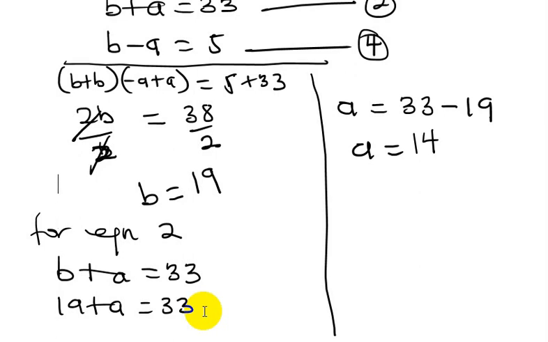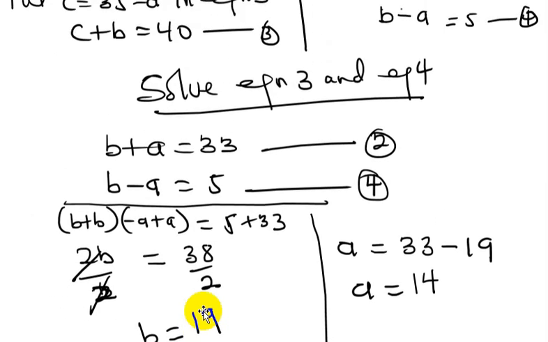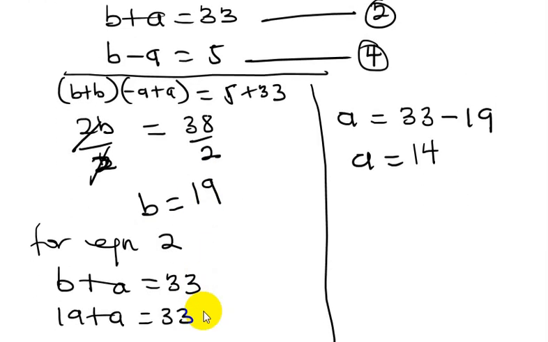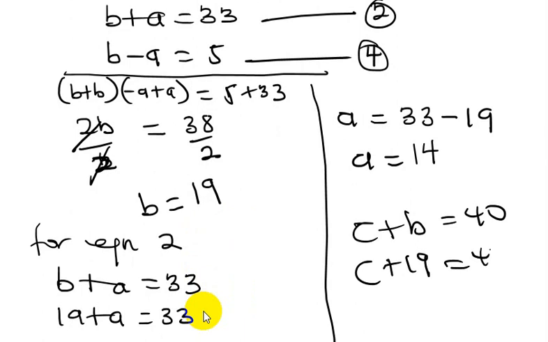So how do we get C? If we pick any equation involving C, we can get C. Let's pick equation 3. Equation 3 says that C plus B equals 40. But B is 19, right? So we're going to get C plus 19 equals 40.